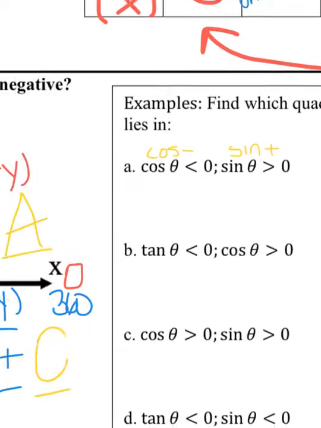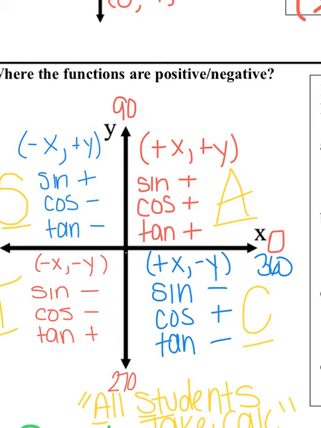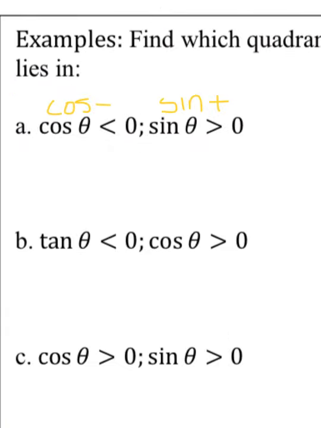Now you can either look back at this and see what quadrant that is, or you can try to remember all students take calc and do it by hand. So this is what you would do. Remember, all students take calc is where everything is positive. So the first part, cosine is negative. Cosine is negative in the S and the T, because in quadrant 1 that would be all of them, and in quadrant 4 that would be positive.